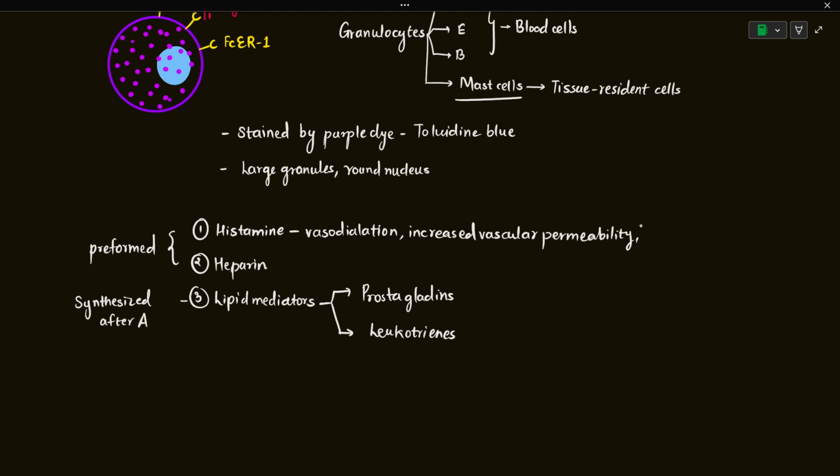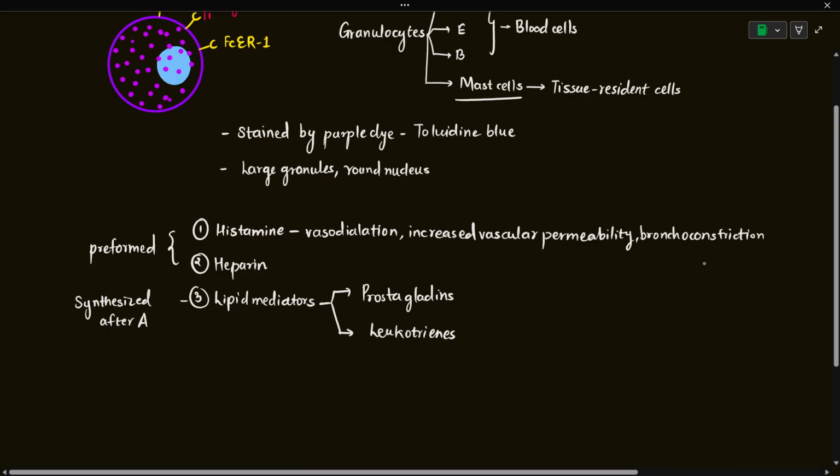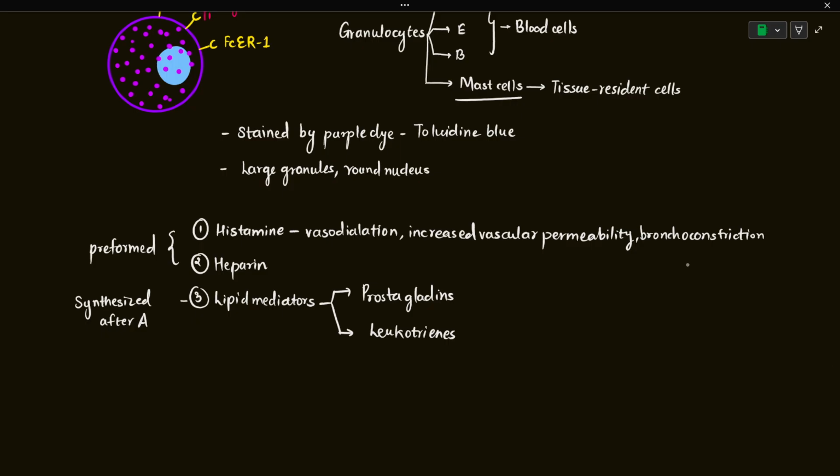Alongside vasodilation, histamine also causes bronchoconstriction. I already discussed why bronchoconstriction is important. It results in narrowing of the airways. It is a kind of protective mechanism, or rather an exaggerated protective mechanism, that our body follows to ensure that pathogen entry is limited.